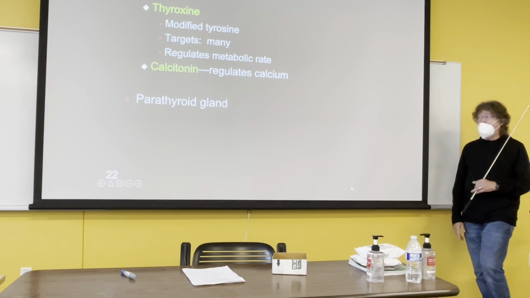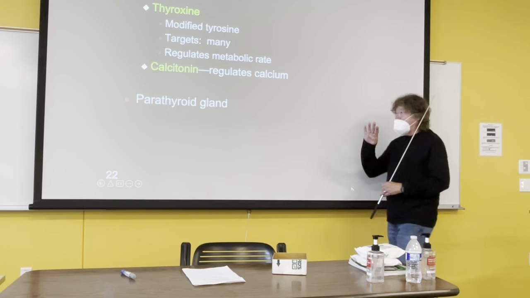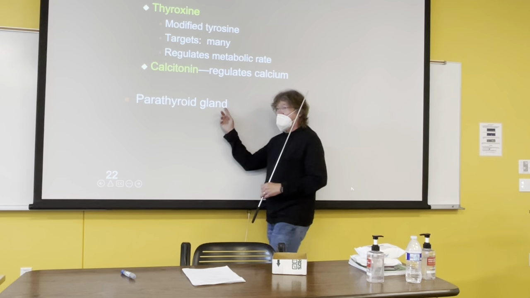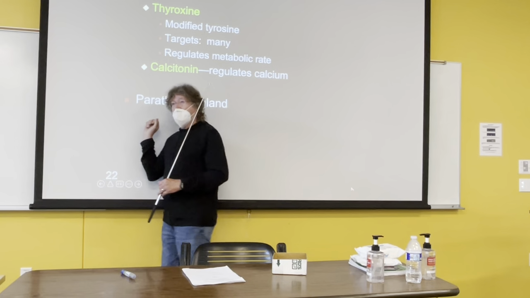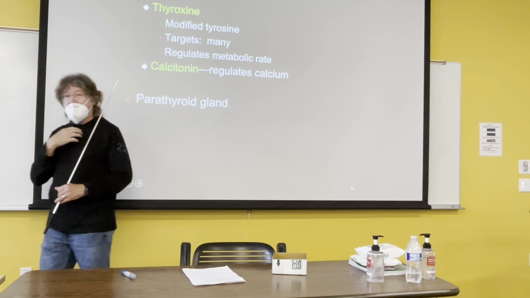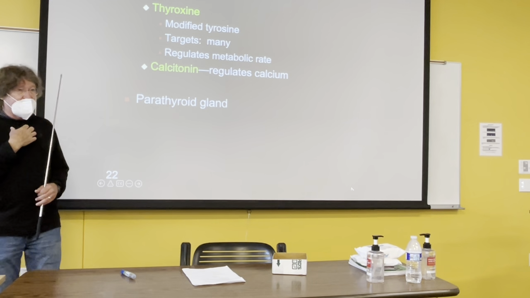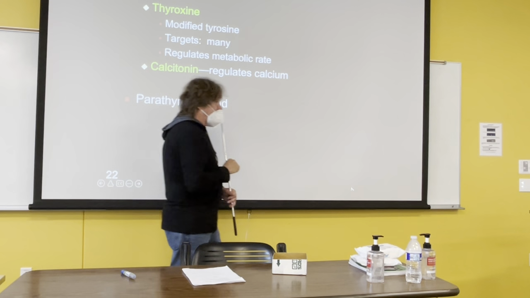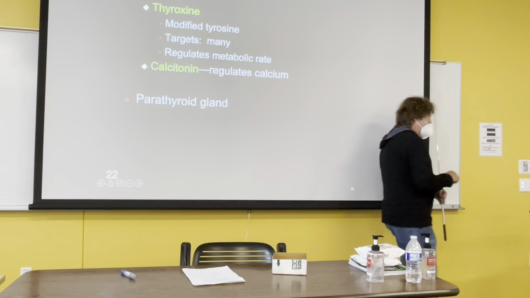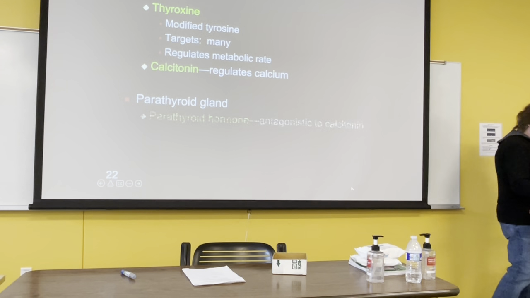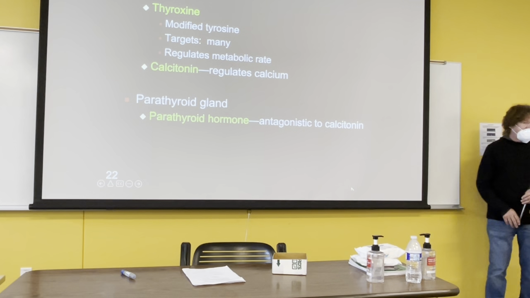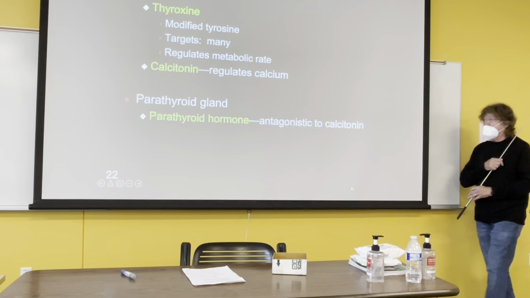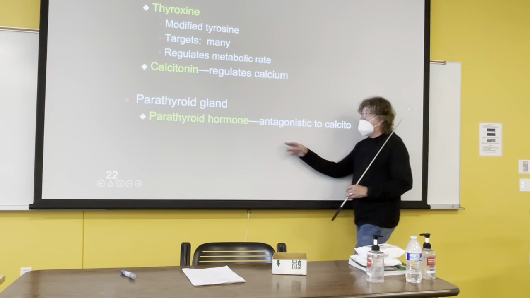Sitting on top of the thyroid are 4 clusters of cells called the parathyroid gland. That's right on the surface of the thyroid in 4 different clusters. And it produces parathyroid hormone. Parathyroid hormone is antagonistic to calcitonin.